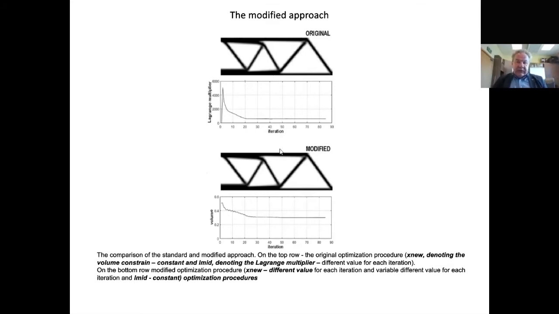The results are exactly the same. Why? Because we just put this value of the Lagrange multiplier into the code and let the volume be the result. And the volume was exactly the same as the assumption of the volume constraint in the original approach. So they are completely the same systems with these two terms which play different roles.